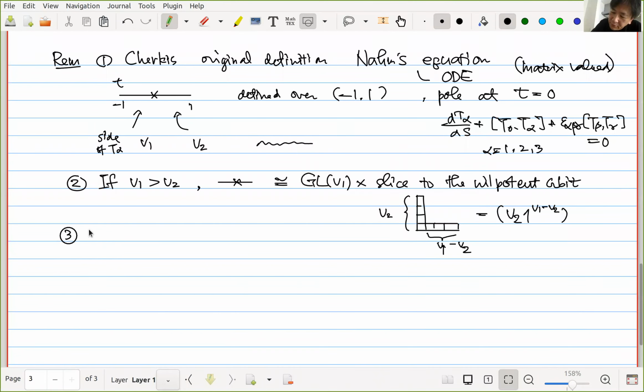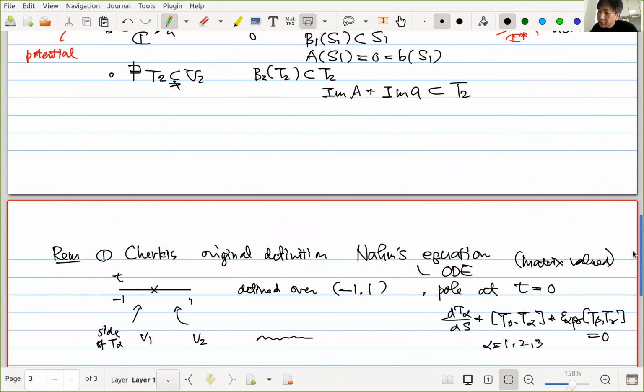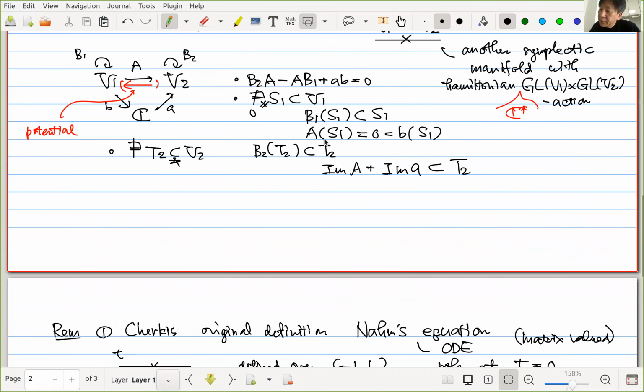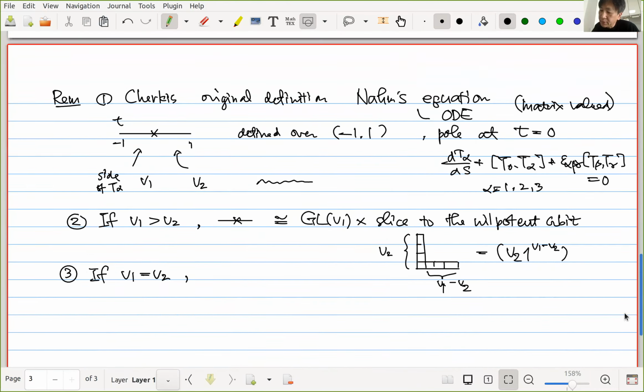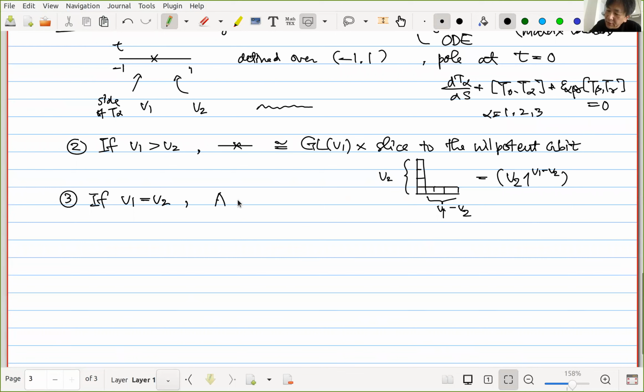And if V1 is equal to V2, then you return back to the following. In this case, you have this linear map A between spaces of the same dimension, and you can show that A is an isomorphism.